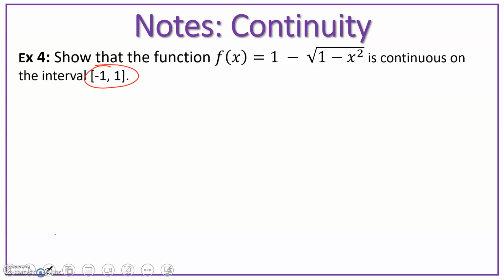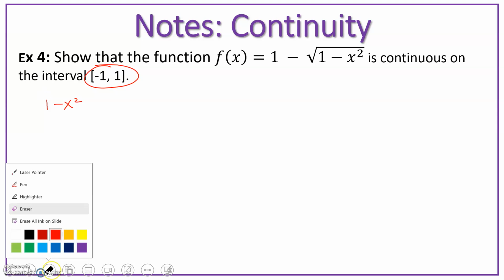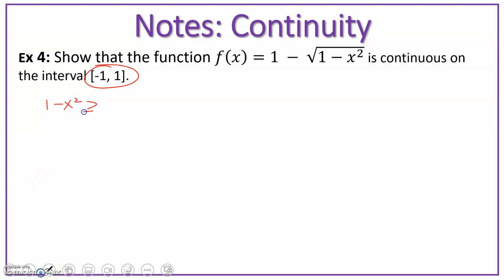So we have the square root of 1 minus x squared. It can't be negative because we can't take the square root of negatives. So this must be greater than or equal to 0. So 1 must be greater than or equal to x squared, where x must be between negative 1 and 1. Mathematically speaking, we must be between 1 and negative 1 because when we square root, we get plus or minus. So that seems fair.